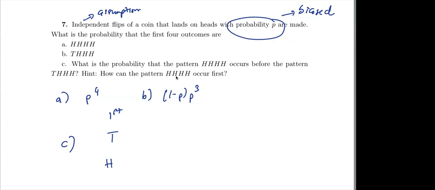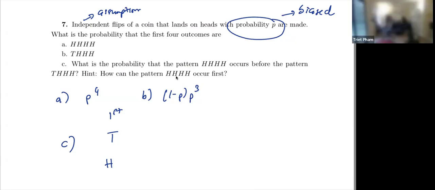I think the only way it can occur first is if it's the first four outcomes, like in problem A. Right, I think so. Basically, this analysis on the first toss sounds reasonable, but it doesn't lead anywhere.